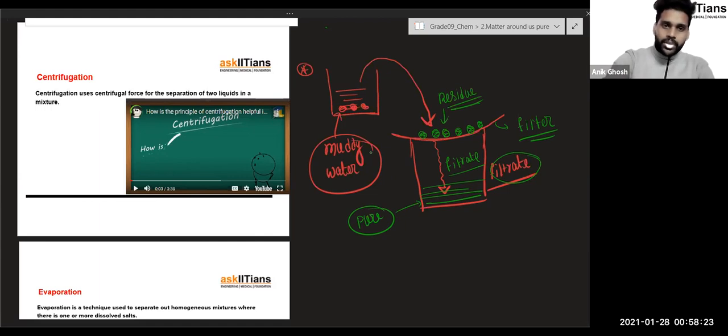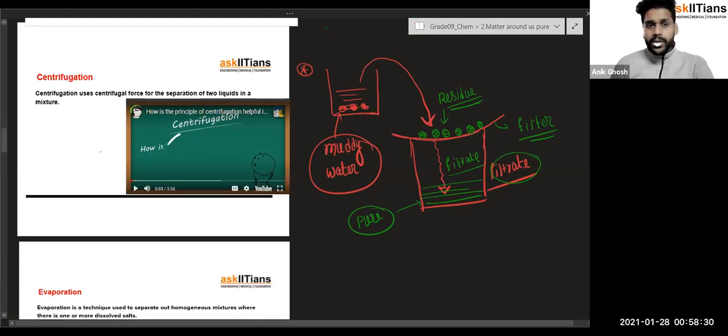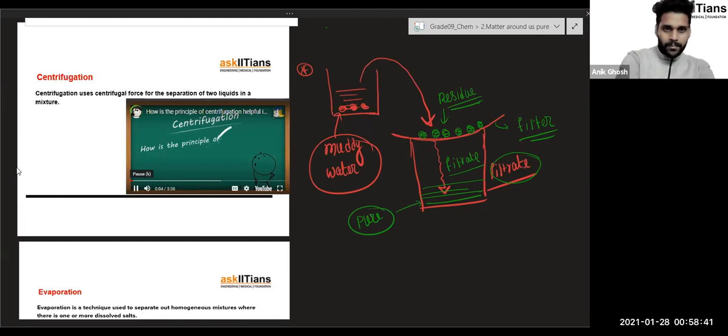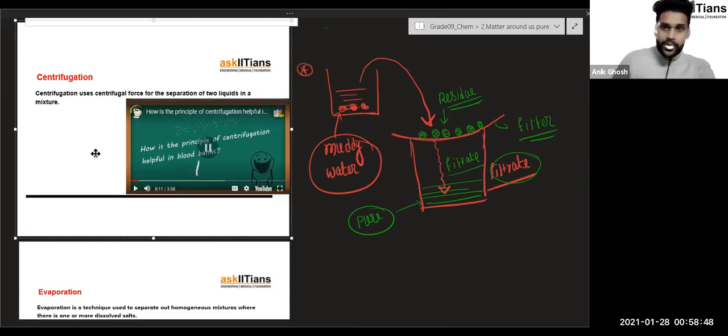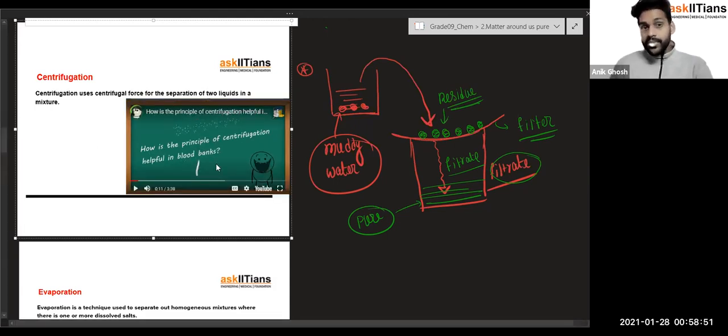Now coming to the next process, which is called centrifugation. What is centrifugation? To understand that, we are going to see a video, and this video is very cool and very funny as well. So just watch this. The first thing they are saying is that the principle of centrifugation is very useful even in blood banks.